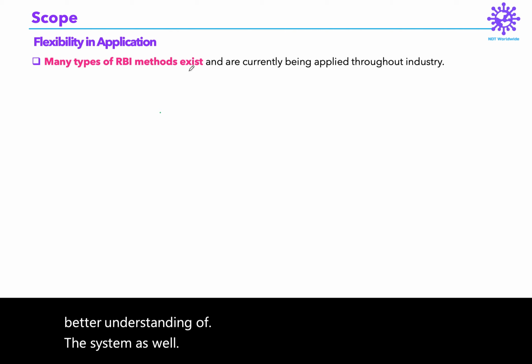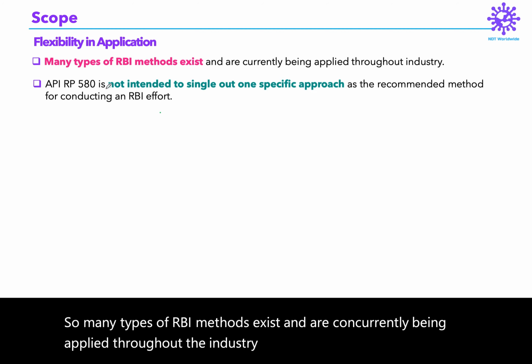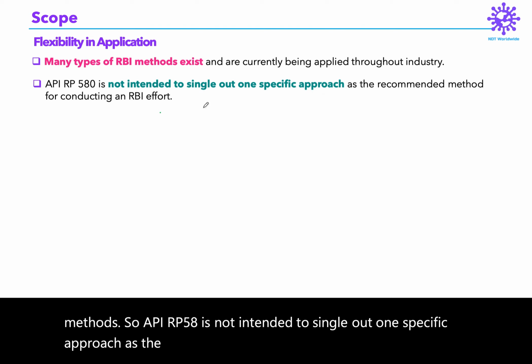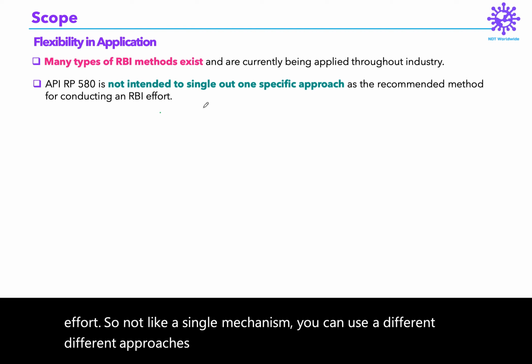So many types of RBI methods exist and are currently being applied throughout the industry. So you have a variety of methods. API RP 580 is not intended to single out one specific approach as the recommended method for conducting an RBI effort. So not a single mechanism, you can use different approaches. Different countries use different strategies.